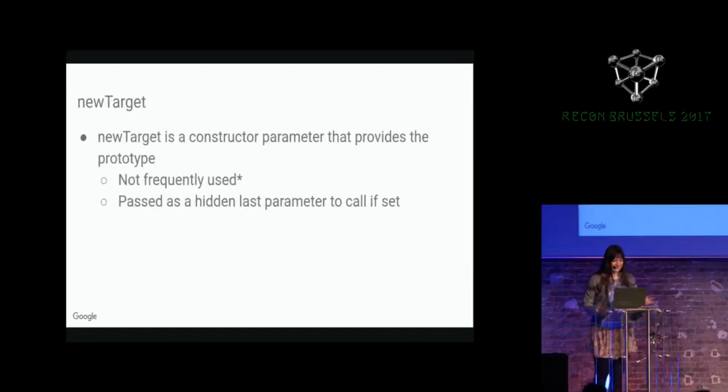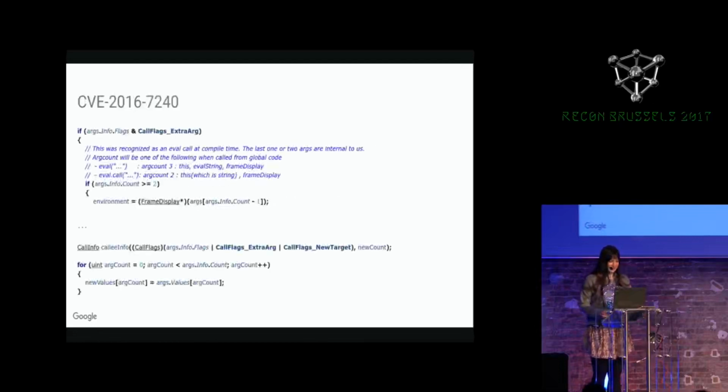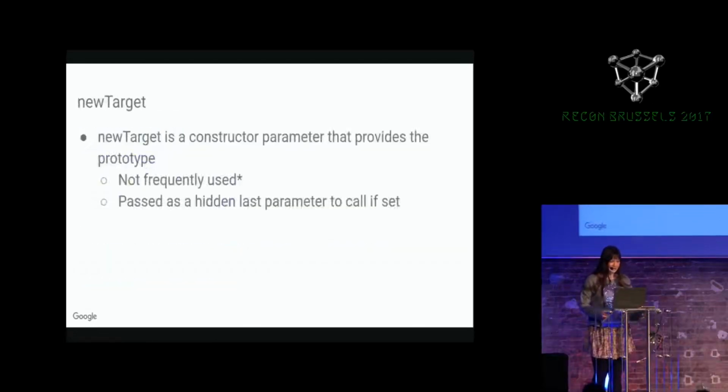Another fun feature of JavaScript is new target, and it's another kind of weird property. It's used for subclassing, but you can also just use it. I'm using reflect to create any object you want with any prototype you want, and it's not that frequently used, but what's interesting is they implemented it in Chakra so that if you have new target on a function, it's just an extra parameter.